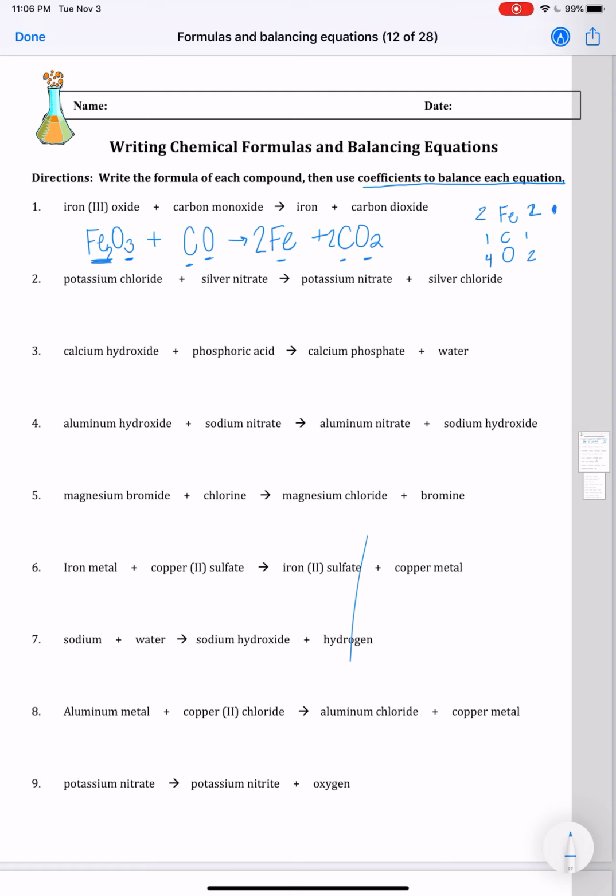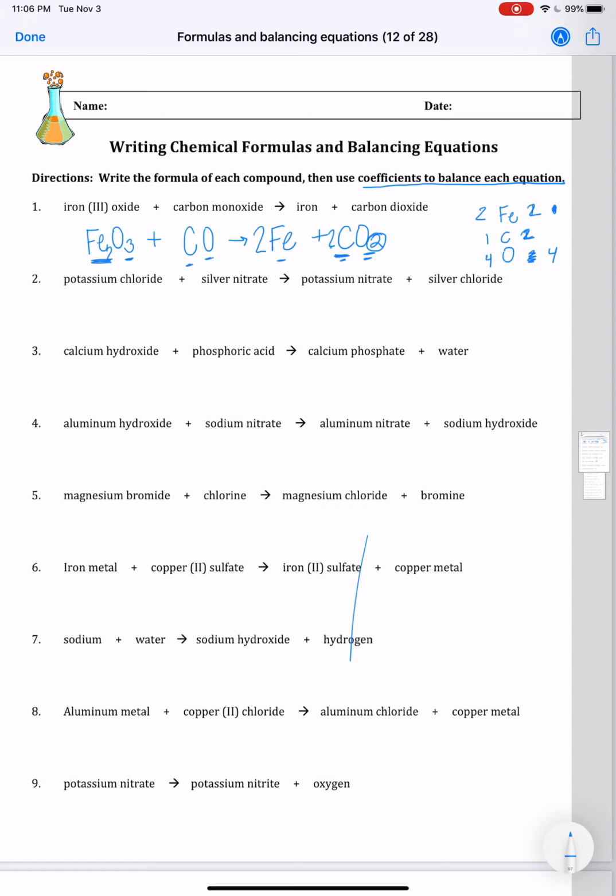If I put a 2 there, not only am I going to get more oxygen, but I'm also going to get more carbon. So that gives me 2 carbons on the right, and 2 times this 2 gives me 4 oxygens on the right, okay? So now my oxygen is balanced, but my carbon is out of whack.